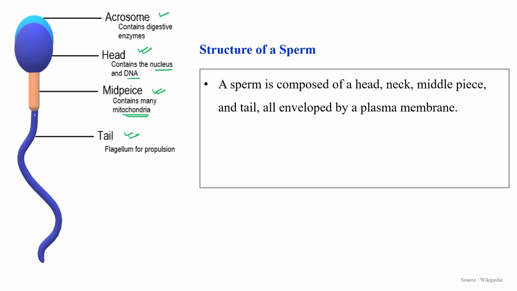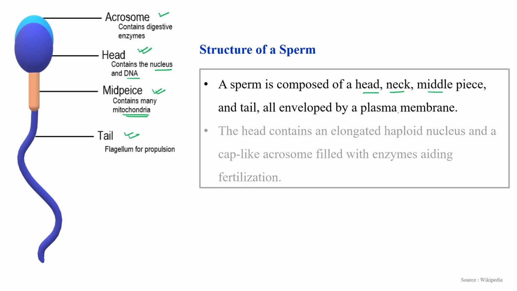The tail is just after the mid piece and is responsible for the movement of sperm. So sperm is composed of head, neck, middle piece, and tail, and all these are enveloped by a plasma membrane. The head contains the acrosome, and this acrosome contains many digestive enzymes.